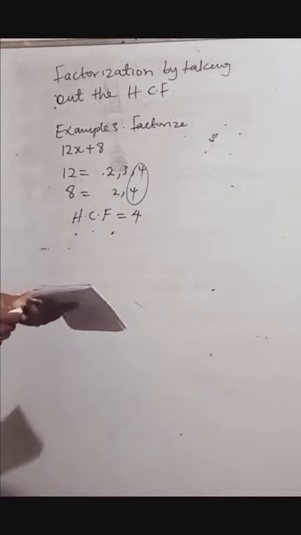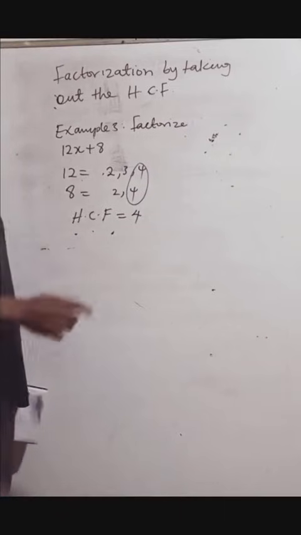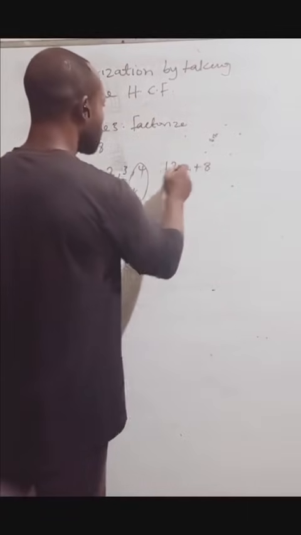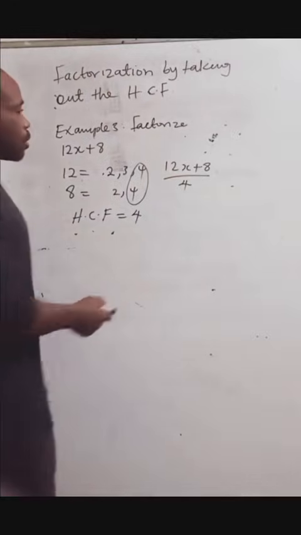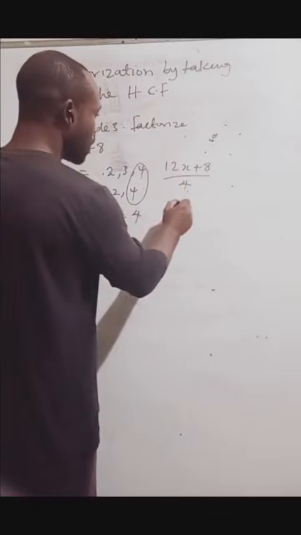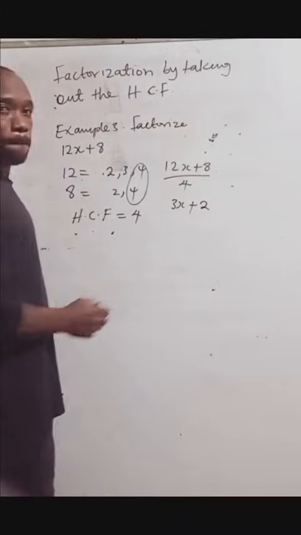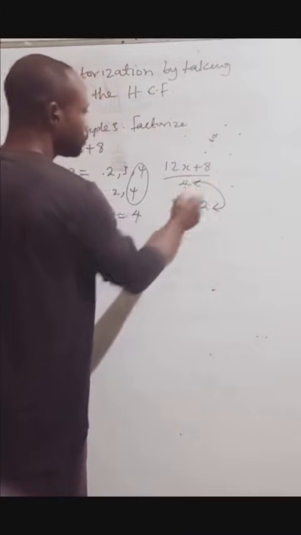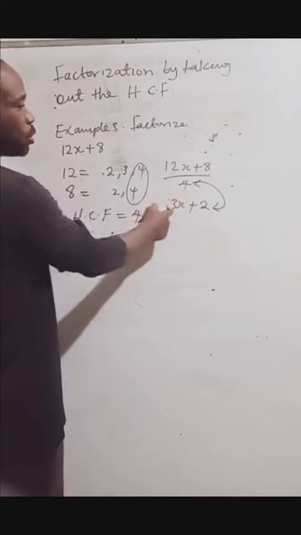So the next thing we have to do is to look for the second part of 12x plus 8. To get that part, we have to divide 12x plus 8 by the number 4. So 12x divided by 4 is 3x. 8 divided by 4 is 2. So now we are going to express 12x plus 8 as a product of these two numbers.